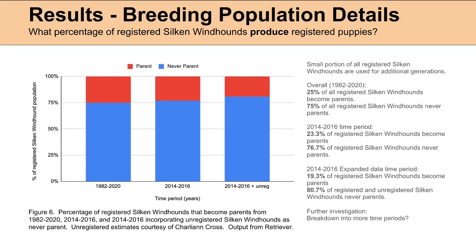That's 1 in 5 dogs contributing to the next generation. And that means this is an indicator that our effective population size is probably on the smaller side, and we are vulnerable to changes in the population.